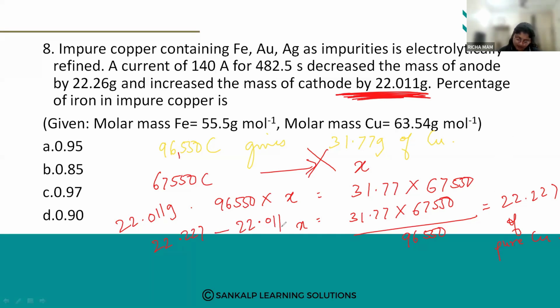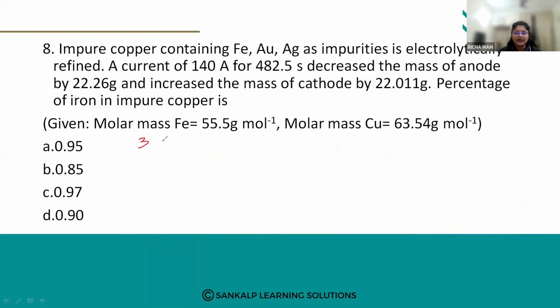How much is the real difference? It is 0.216 grams. So here, for 31.77 grams of copper, approximately 0.217 grams is deposited.